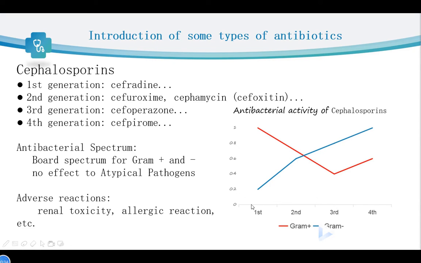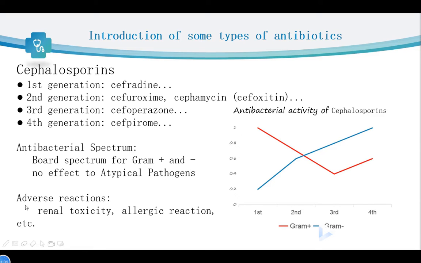But from the first generation to the third generation, the antibacterial activity against gram-positive bacteria is decreasing. But the fourth generation presents a stronger effect against gram-positive bacteria than the third generation of the cephalosporin.